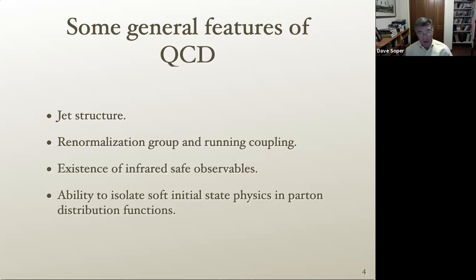So we call that the running coupling. And some things you can look at, which we would call observables, are computable and some are not. The ones that are computable are called infrared safe. So I need to talk a little about that.